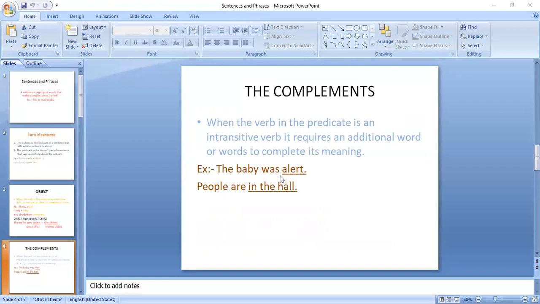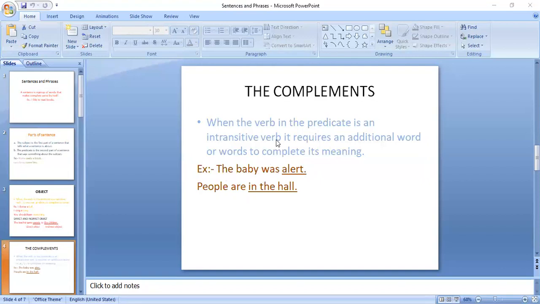Example: the baby was alert. Who was alert? The baby. The baby is the naming part. Then was is the intransitive verb. If I say the baby was, is the sentence complete? No, the sentence is not complete. In the case of a transitive verb, the verb itself can complete a sentence.